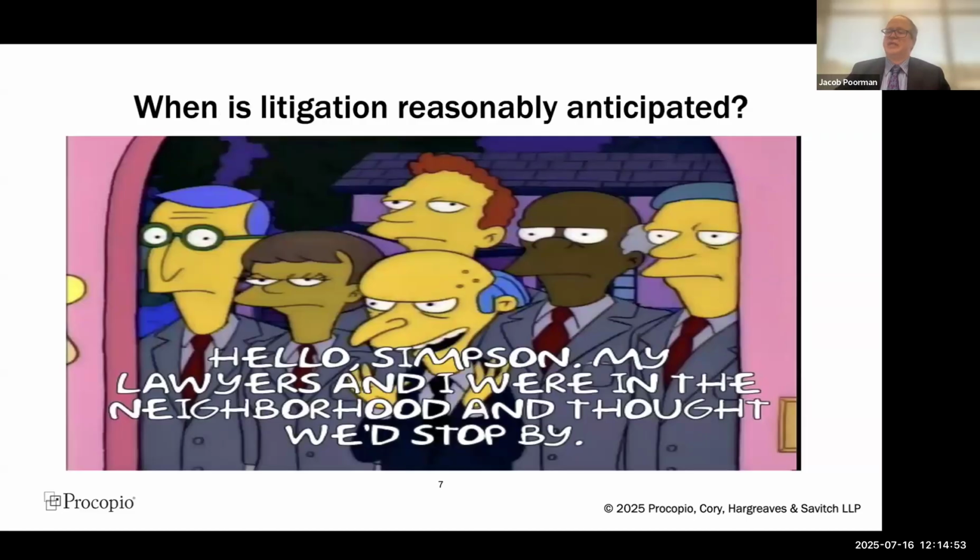Whether litigation is reasonably anticipated is an objective standard that looks to the relevant facts and circumstances to determine whether litigation is likely. The mere possibility of litigation is insufficient. This standard operates somewhat differently for potential plaintiffs and potential defendants.